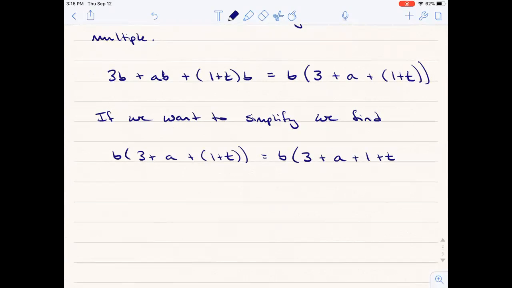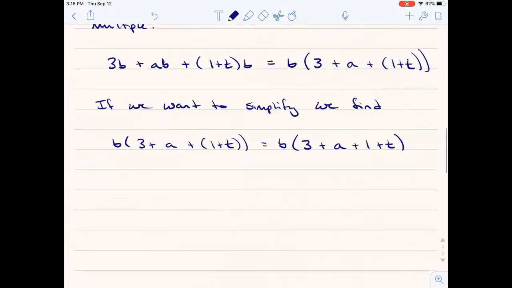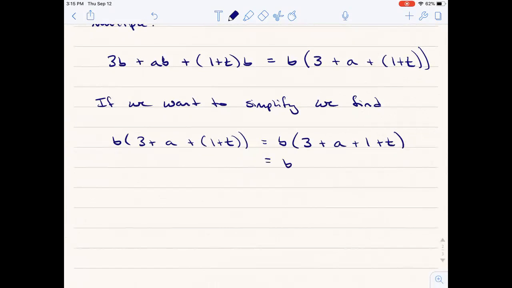Because those brackets aren't actually doing anything. And if you wanted to get rid of them already, that's fine. B times, oh, sorry, 4, because 3 plus 1 makes 4, and then plus a plus t.